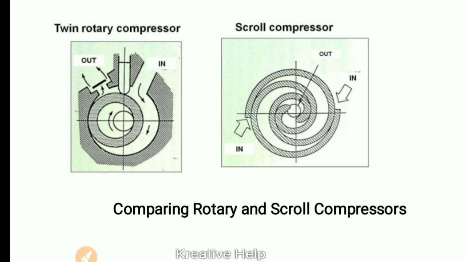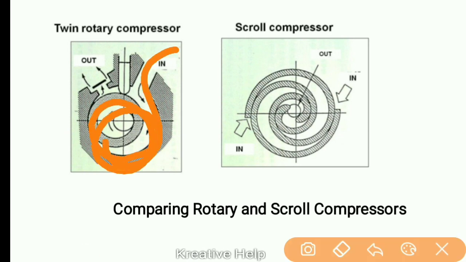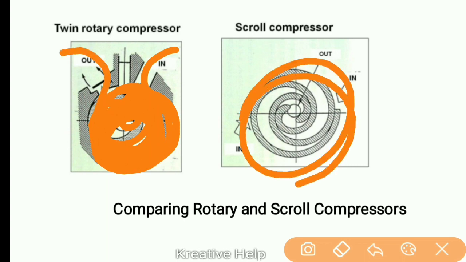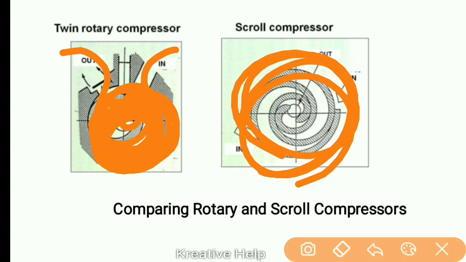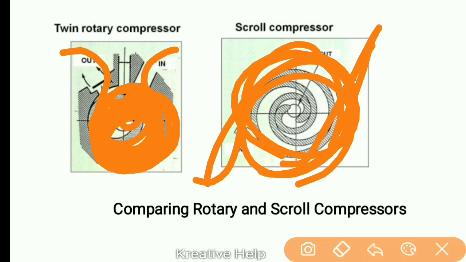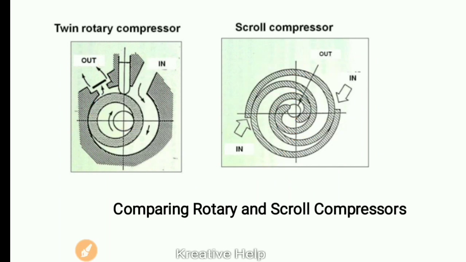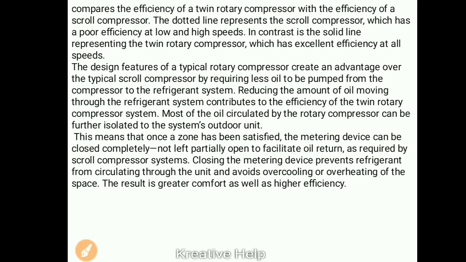This is rotating, and the outdoor is like that. In the scroll, something is coming inside and going to scrolling, and this is the outdoor. This is the basic idea of these two types of compressor.